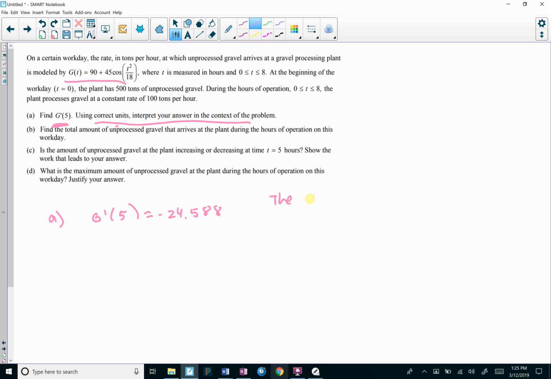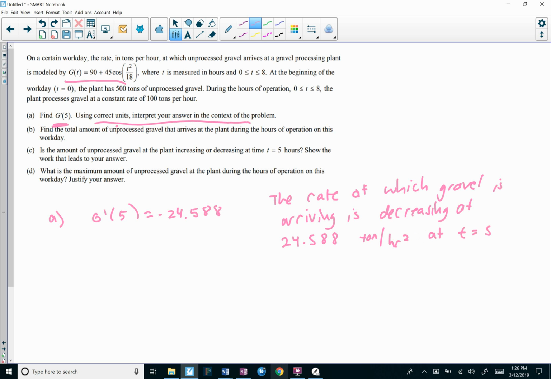So the rate at which gravel is arriving is decreasing at 24.588 units, so that's tons per hour squared at t equals 5 hours. A lot of people forget that part right there. So you have to have those units to get the point. And that's 1 point for the interpretation. It's either all or nothing.